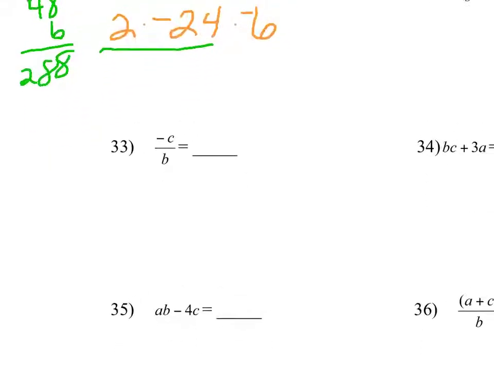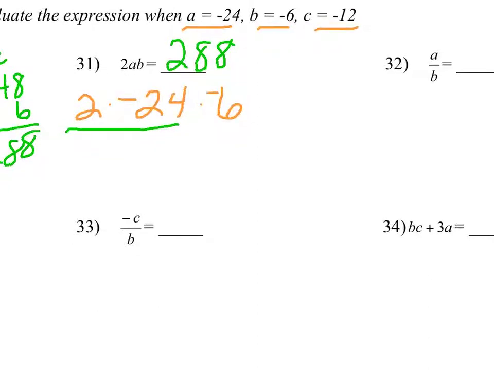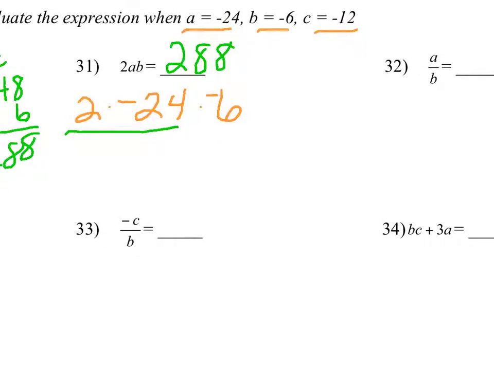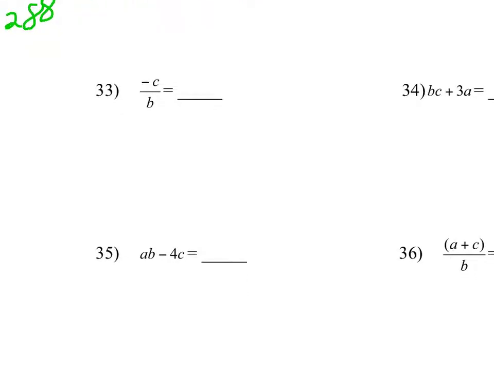Scrolling down, 33. Let's see, C is negative 12 and B is negative 6, and we're plugging in. So I'm going to say this problem is the opposite of C divided by B. That's what this notation represents. The opposite of whatever C is over B, and the over B means division.